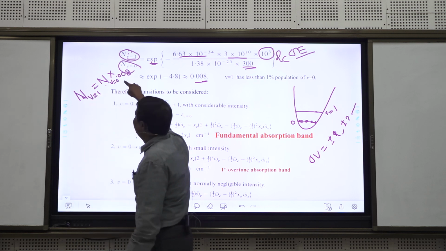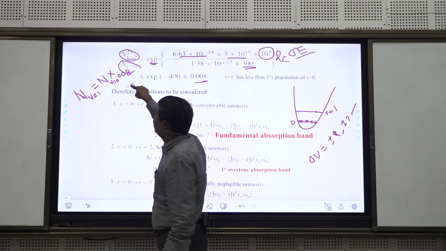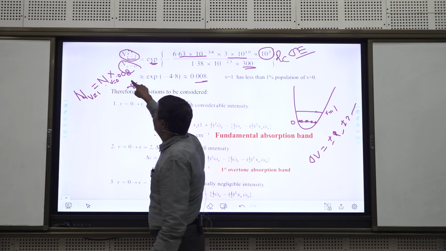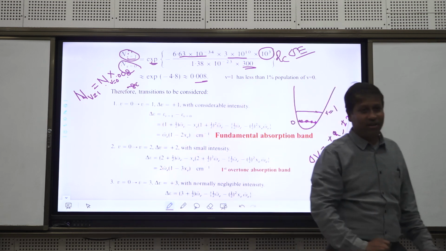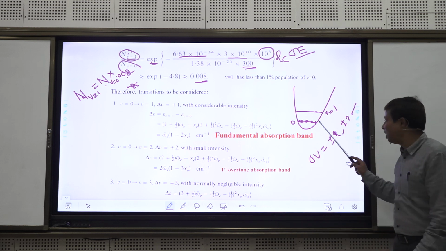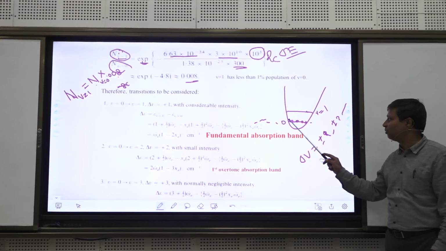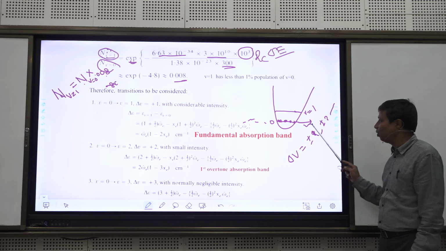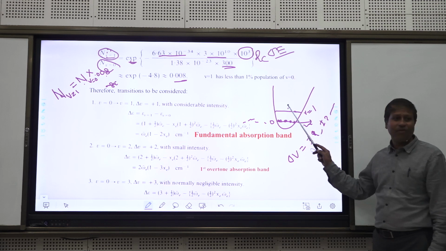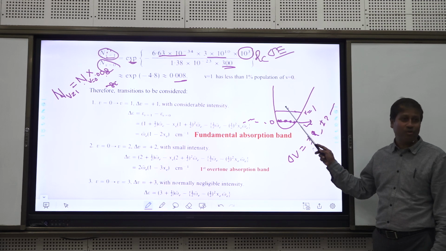If you multiply by 100, that means 0.8%. So not even 1%. If you have 100 molecules, then at v equal to 1 you have 0.8, which means not even one molecule.